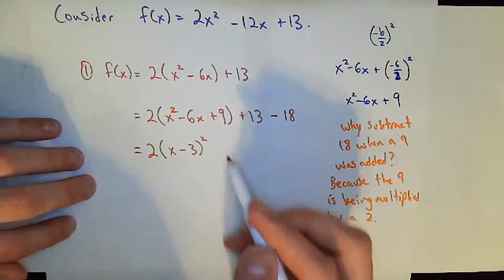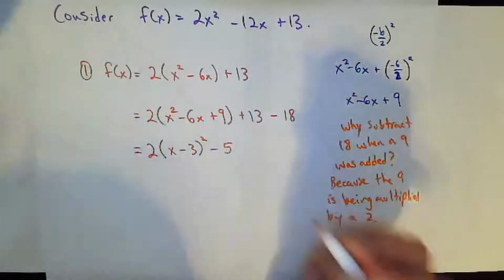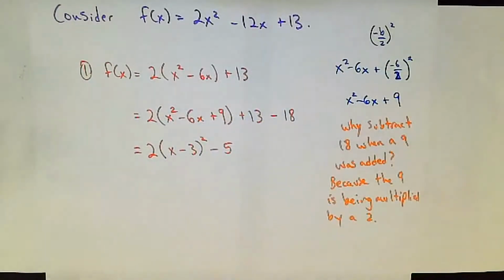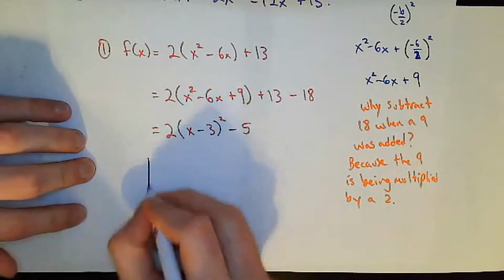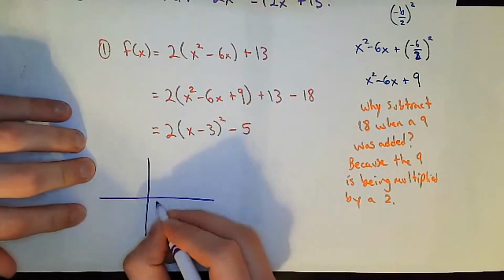And then right here, 13 minus 18 is minus 5. Look at that. Now it's in that nice form that we know how to graph. If I was to sketch a graph of this, why not? Let's see.